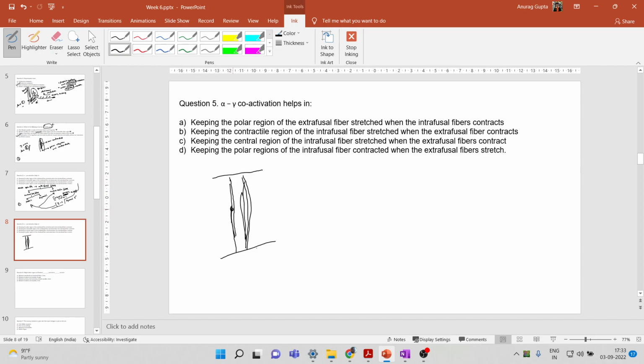Then the sensory endings of the proprioceptors are sensitive to this stretch, and hence a signal goes via the proprioceptor to the central nervous system. So this is the basic working.